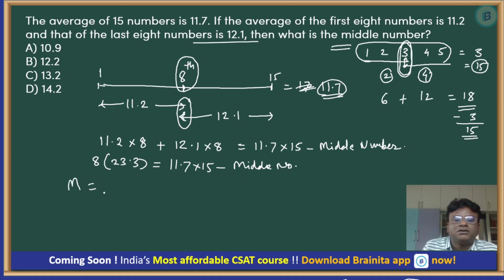Middle number is 11.7 into 15, which is 175.5, and 8 into 23.3 is 186.4.